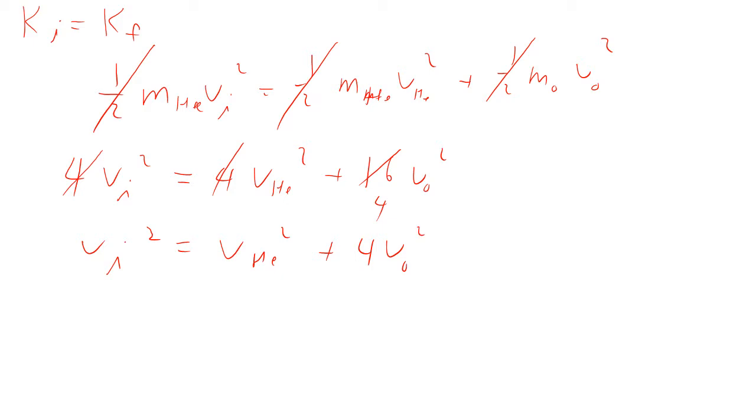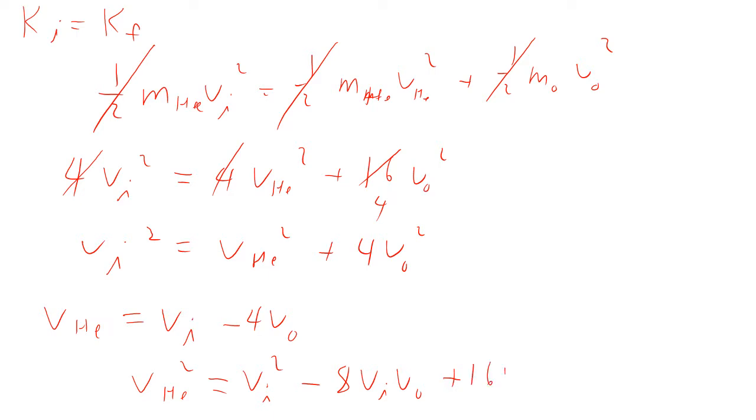Now, we know that the helium velocity we had derived was VI minus 4 velocity of oxygen. So the velocity of helium squared is going to be VI squared minus 8 VI VO plus 16 VO squared. So we take that and plug in.